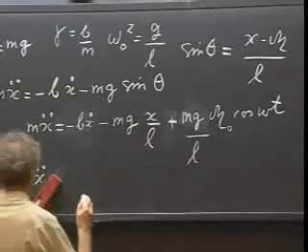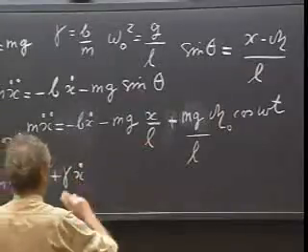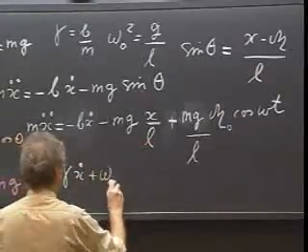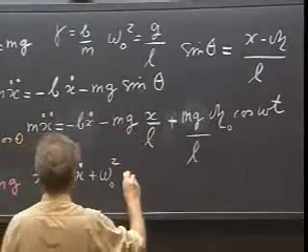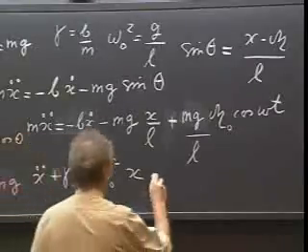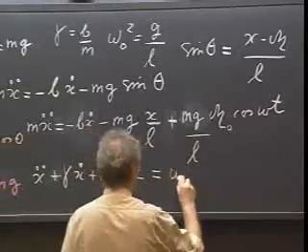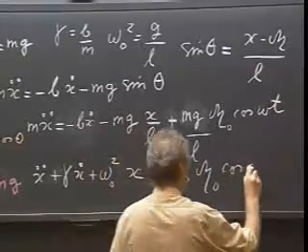So x double dot, now we get plus gamma times x dot, and now we get plus omega 0 squared times x, because g over L is omega 0 squared, so I divide the m out, and now I get equals omega 0 squared times eta 0 times cosine omega t.